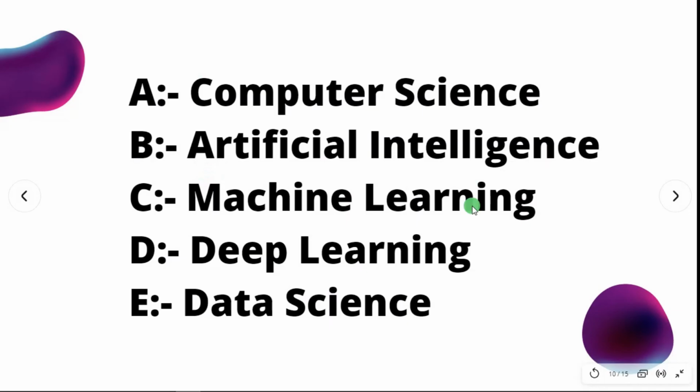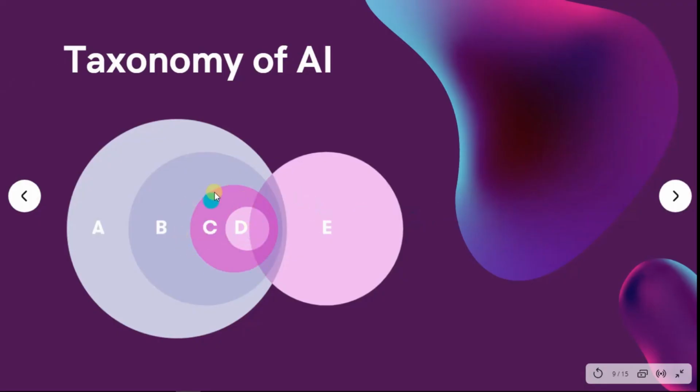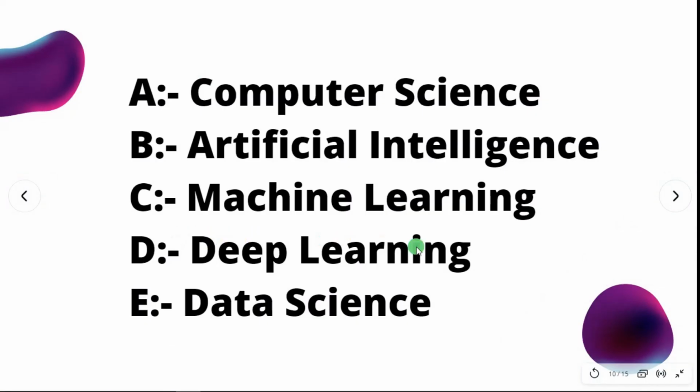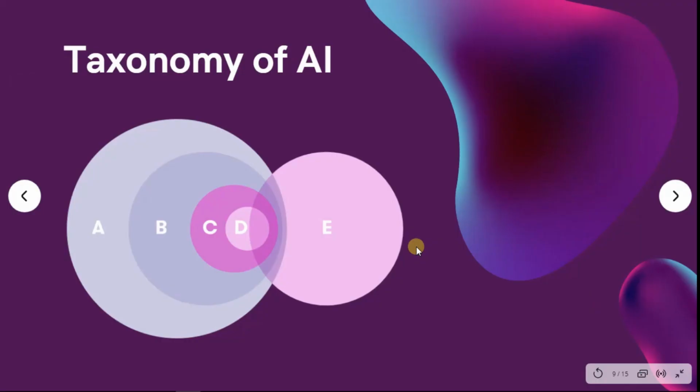C is machine learning again. This small purple colored circle is machine learning, which is a subfield of AI. And D is deep learning, D for deep learning, which is a subfield of machine learning.